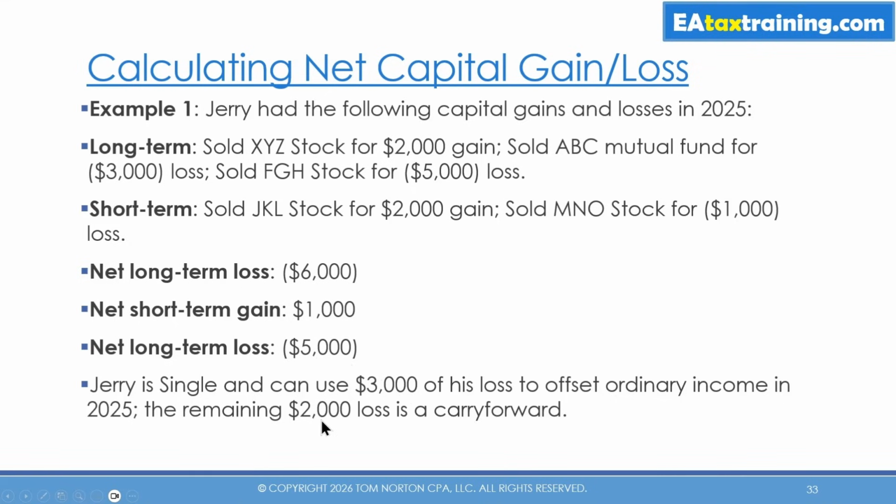The remaining $2,000 is a carry forward to next year. So next year it is a net long-term loss. So he will net that $2,000 carry forward against any long-term gains in 2026. If he can't use them in 2026, he can carry them forward to 2027, etc.